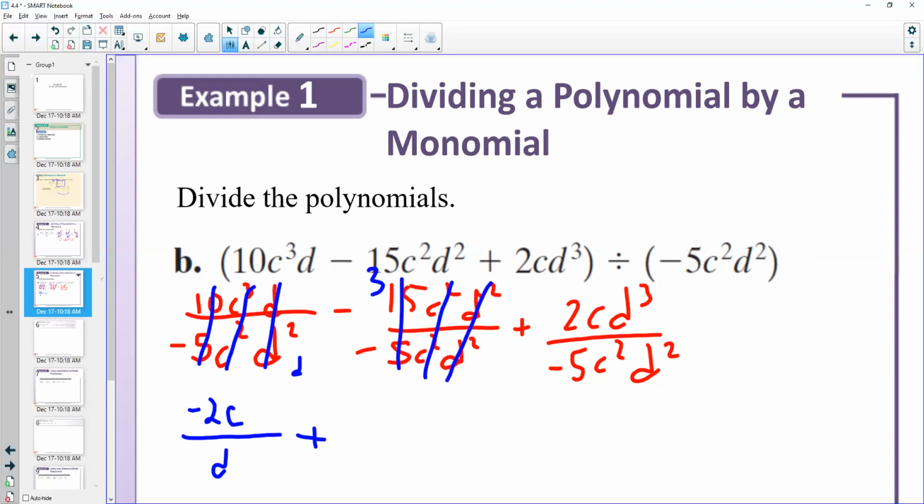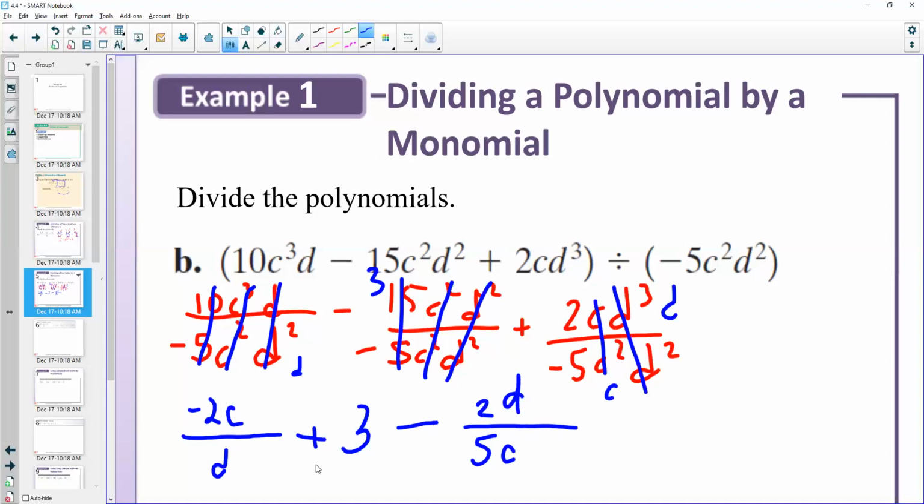Those cancel, plus 3 minus, because that negative, the 2 and the 5 I have to keep because they don't simplify. That c leaves a c in the bottom. Those d's leave a d in the top. So d on top, c in the bottom. So in this case, it's not pretty, but it's simplified. And that's what I'm trying to do here, okay?